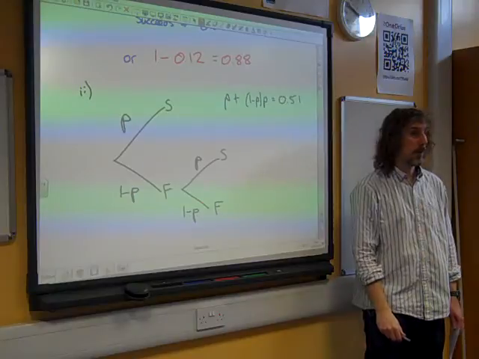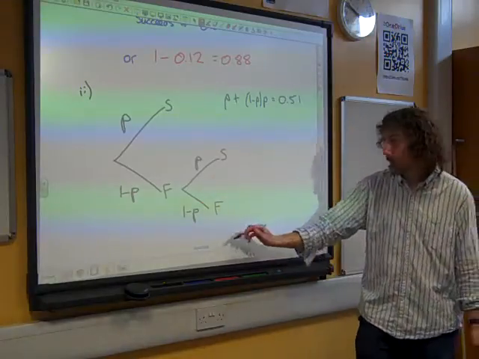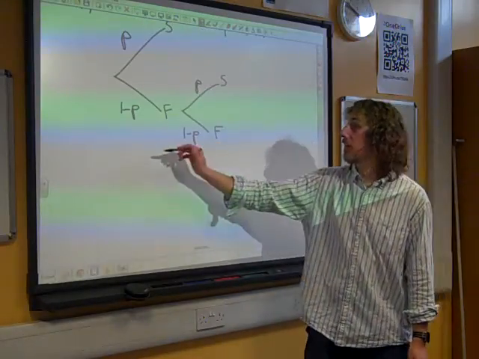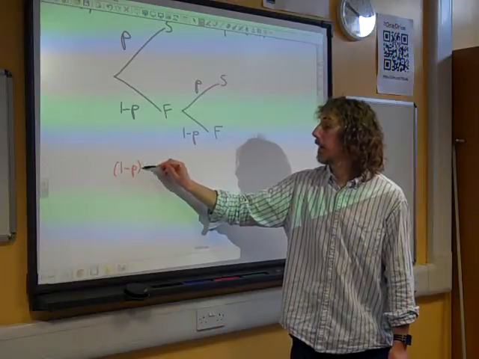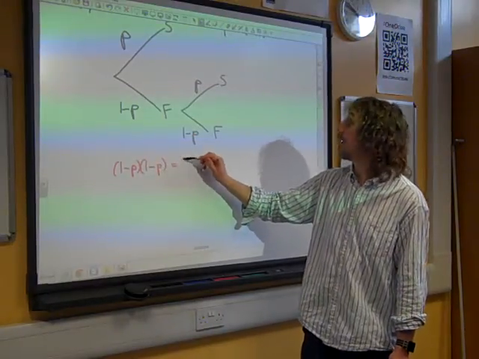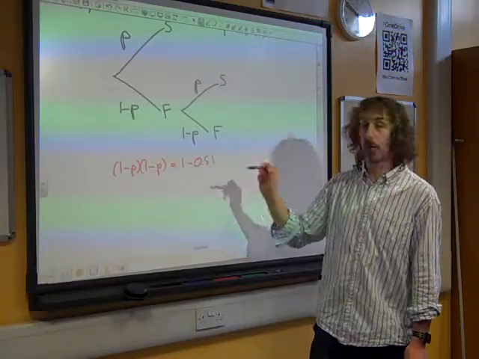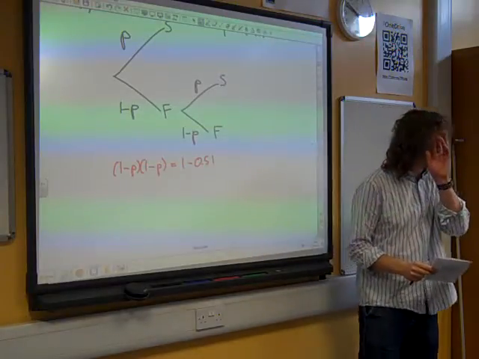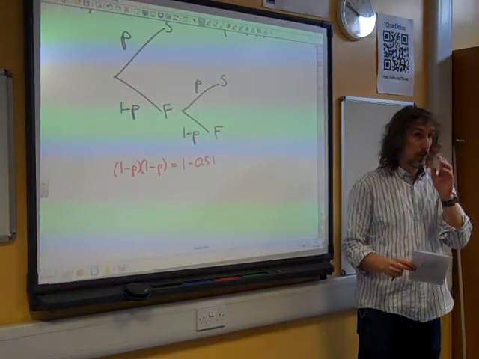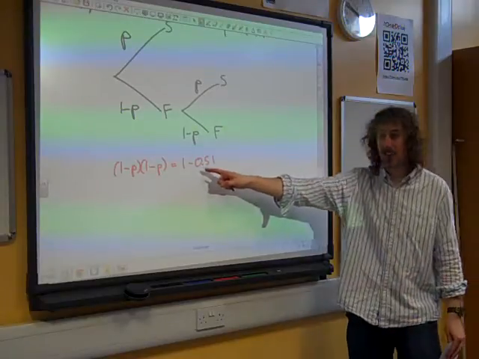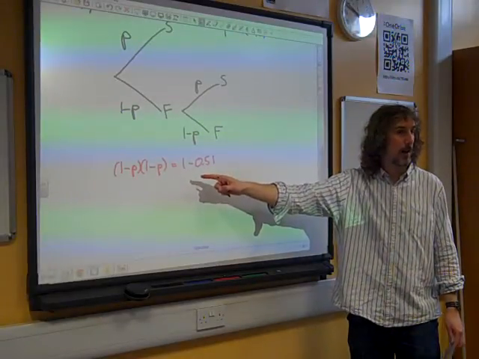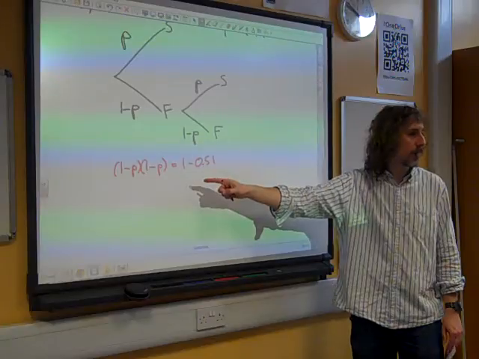So we can calculate it that way. Or, if we've got an alternative route, we could say that 1 minus P times 1 minus P is 1 minus 0.51. And either way that we do this, we'll be able to work through for an answer. I actually think this one seems a slightly simpler way of thinking about it.